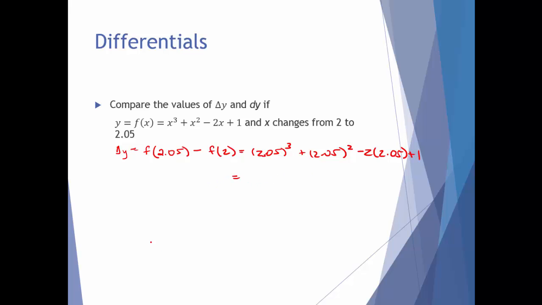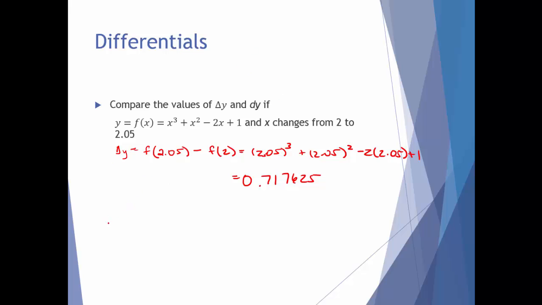You throw that into a calculator, and what you end up getting is 0.717625. So that's our delta y. That's the actual change of the curve as you change from x equals 2 to x equals 2.05.